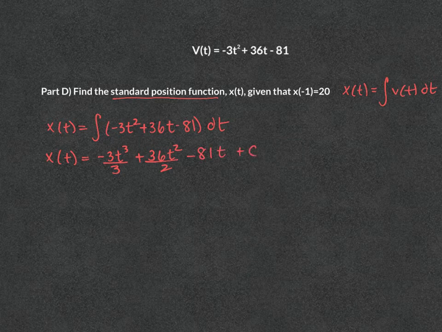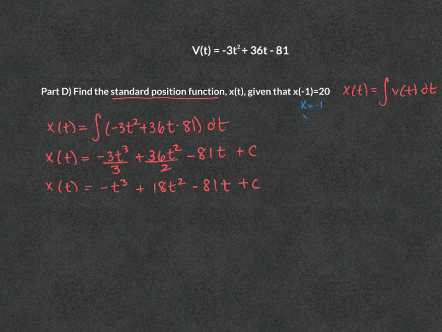And then we can simplify this a bit and say x of t is equal to negative t to the third plus 18t squared minus 81t plus c. And in order to find that c value, we're going to have to plug in our x and y. So my x is negative 1 and my y is 20.